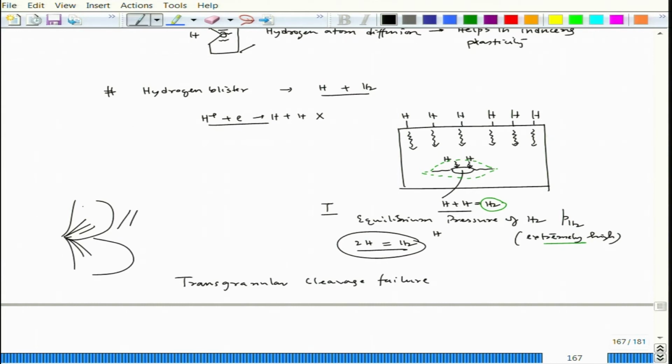This kind of appearance one can look at without having specific grain facets. So, this is a typical cleavage feature. You can also go to NATE and have a look at what the cleavage feature looks like.